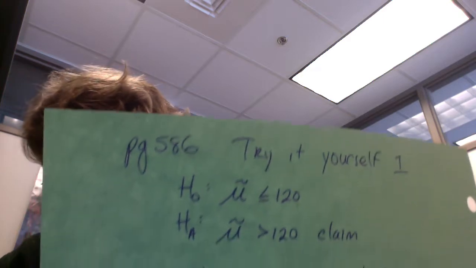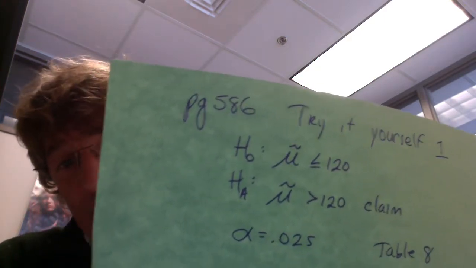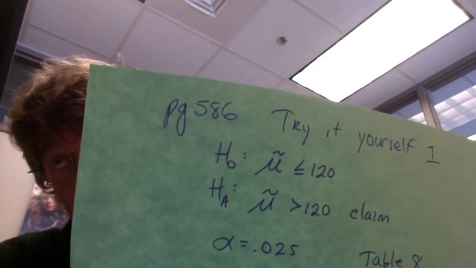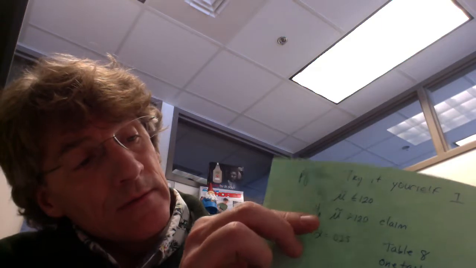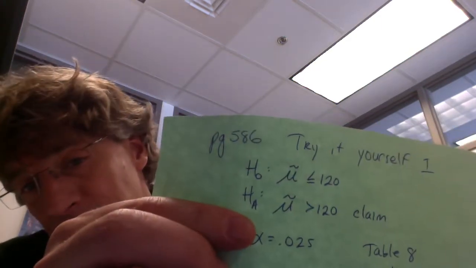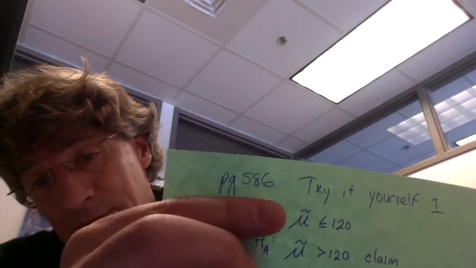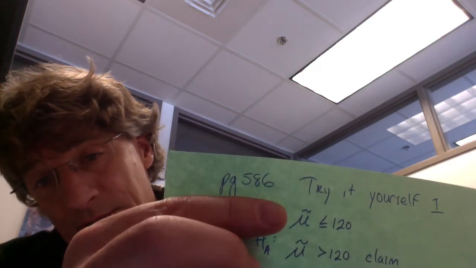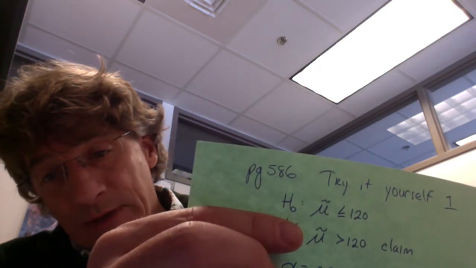When you're looking at this, you're going to see the null and the alternative, and I need to introduce a new parameter to you, and it's mu tilde. Right there is mu tilde. That's the median. So right now the median is either less than or equal to 120, or the median is greater than 120.